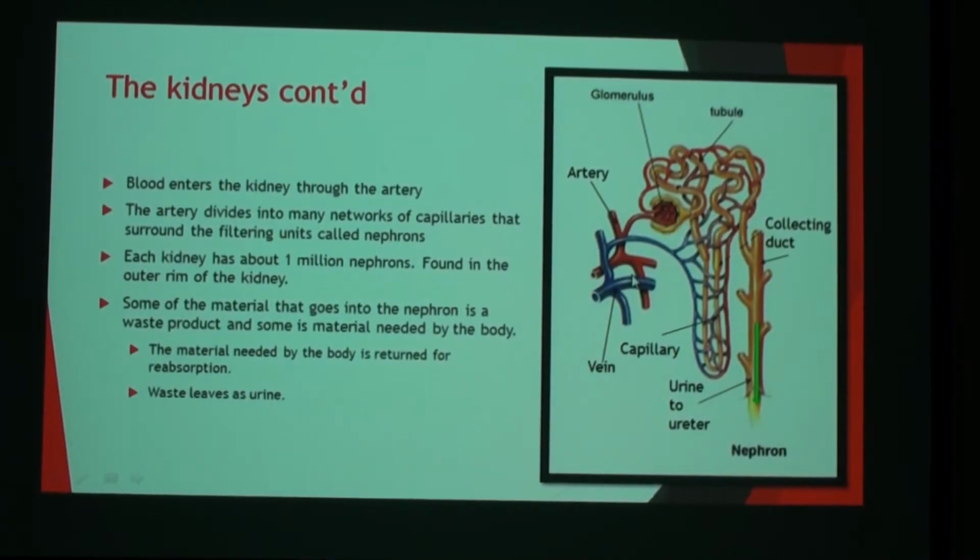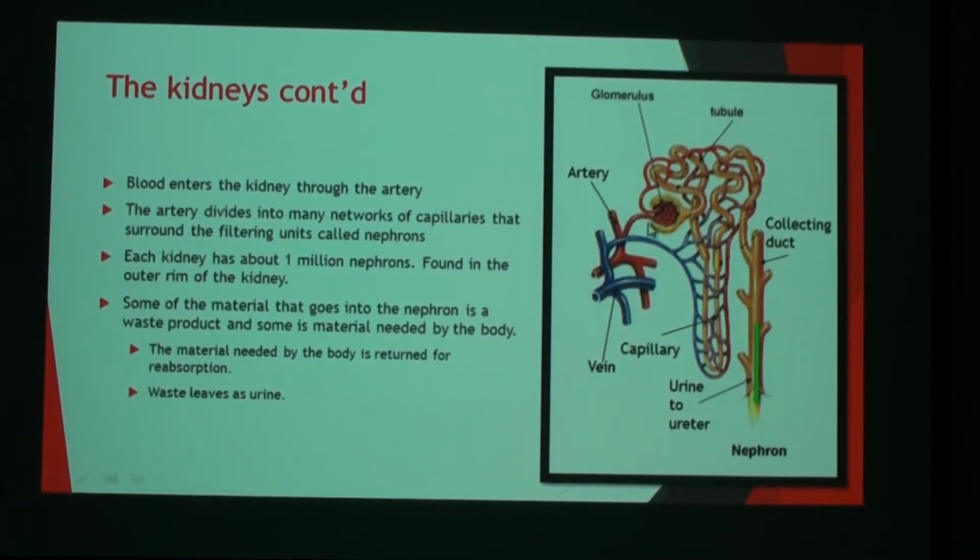And then this artery divides into many networks that are called capillaries that surround the filtering units called nephrons. So here we have the arteries, and it separates and branches out all throughout the kidney. And then here we have the networks that are called capillaries, and it surrounds the nephrons.